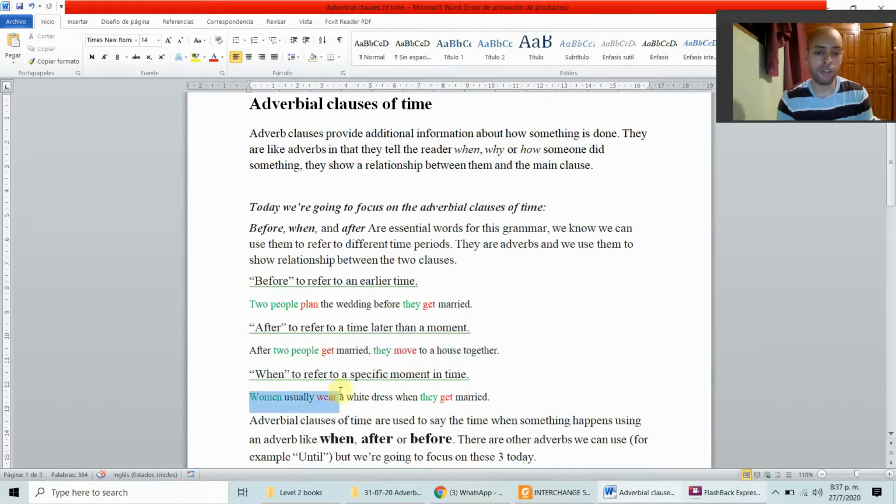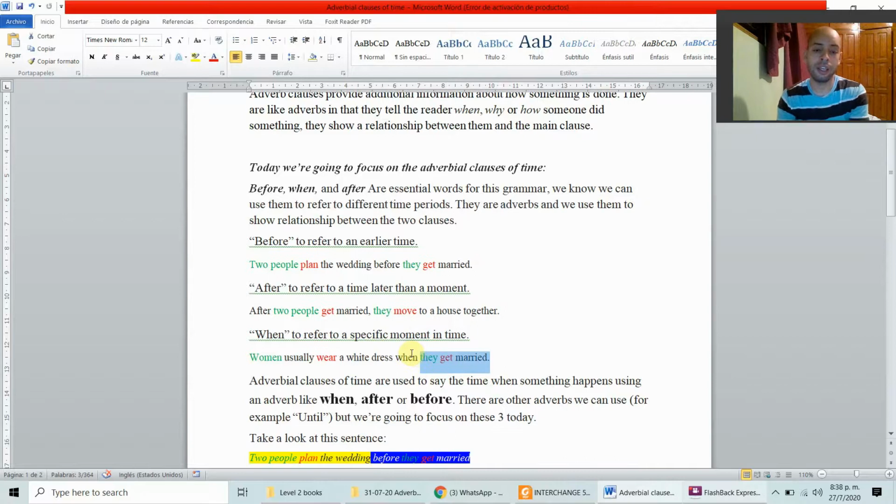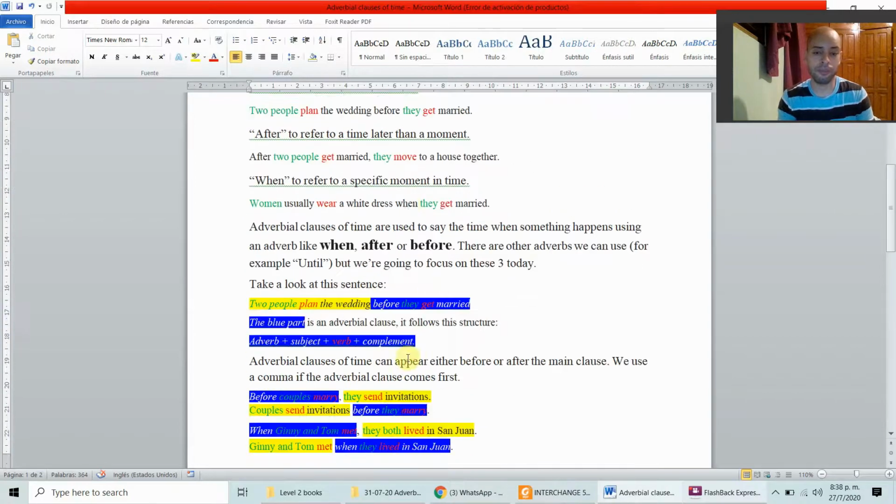And women usually wear a white dress when they get married. Women usually wear white dress. What is the extra information? Well, at the moment when they get married. This is the adverbial clause of time, which gives us more information about a specific time. In this case, when they get married, at the moment they get married.